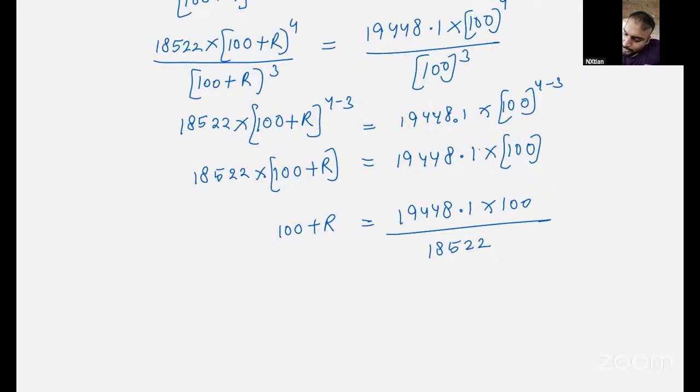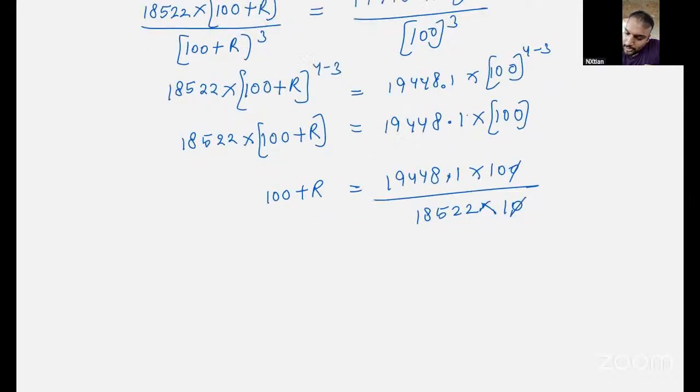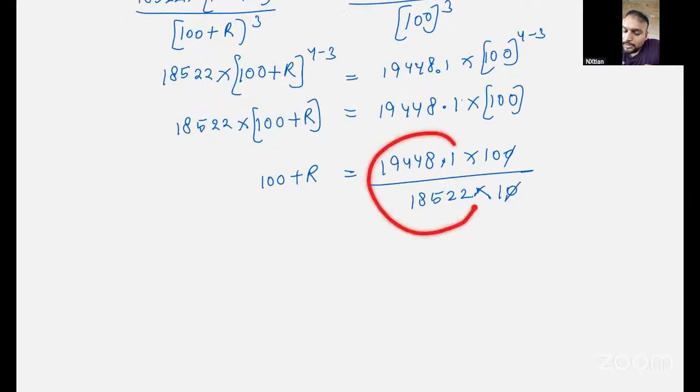Now if I remove this point, 10 will come. This and this will cut. Now we have to simplify them to get the answer.